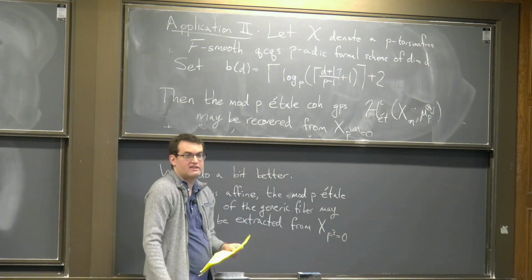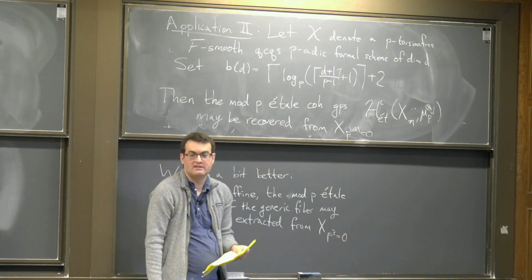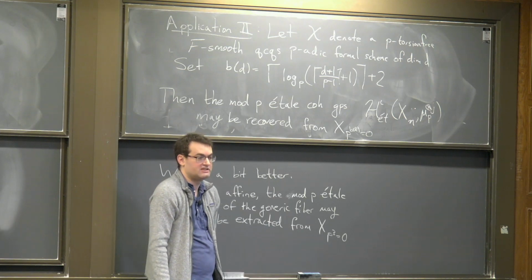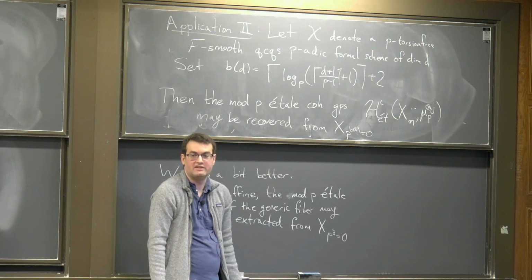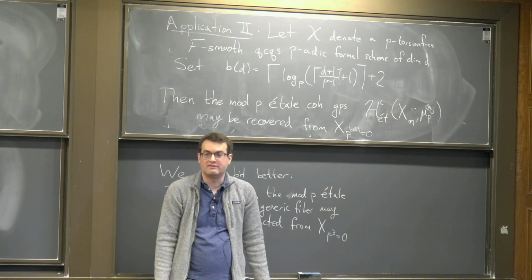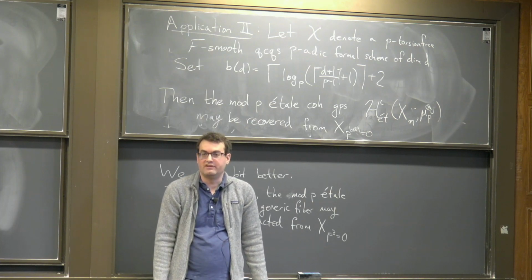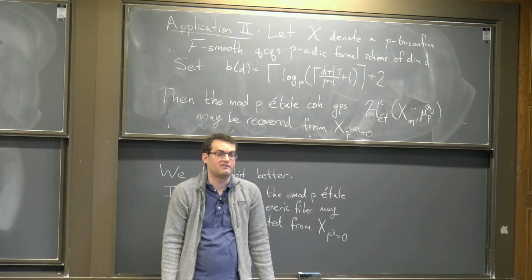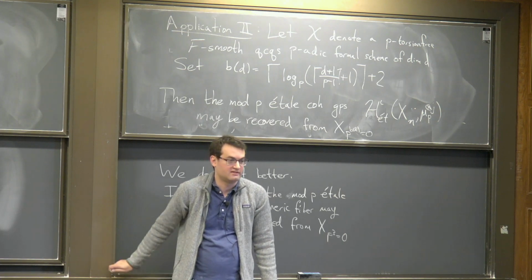So regardless of the dimension, as long as you're affine, you can learn the etale cohomology of the generic fiber just from the mod p cubed reduction. Again, this follows from the fact that we're in some kind of smooth situation where we have some control over the power of V1 torsions that appear. All right, thank you.